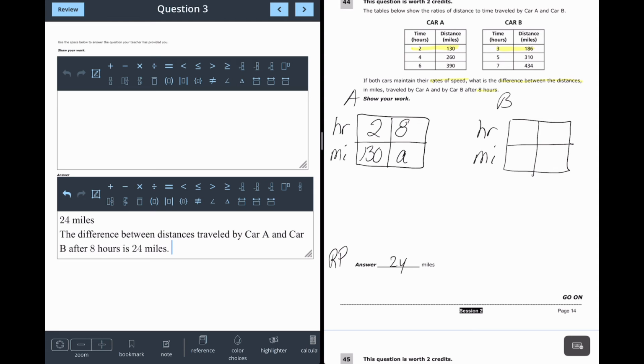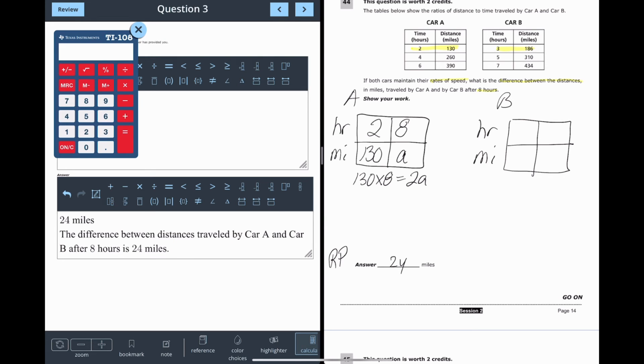I'm going to call it A. So I'm going to do my cross multiplying. 130 times 8 is equal to 2A. Take out your calculators. 130 times 8 is equal to 1040. We're going to divide both sides by 2. And A for this one is 520.